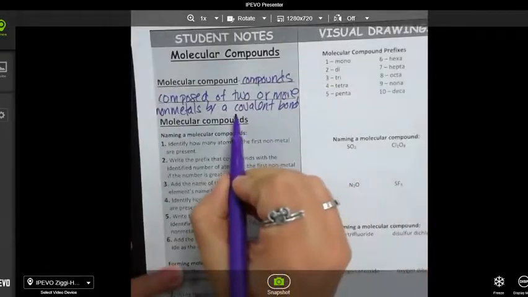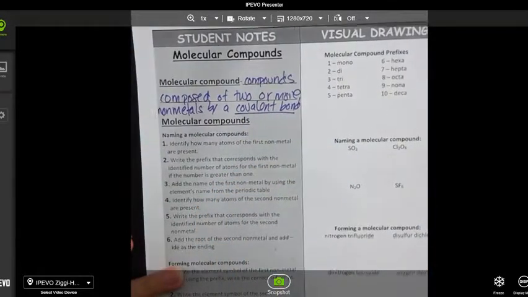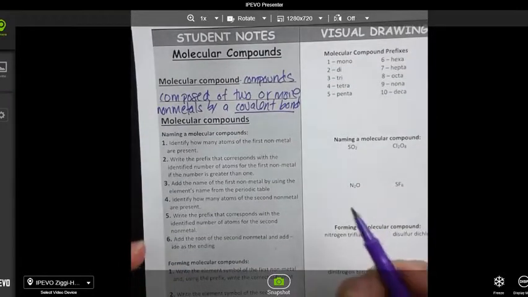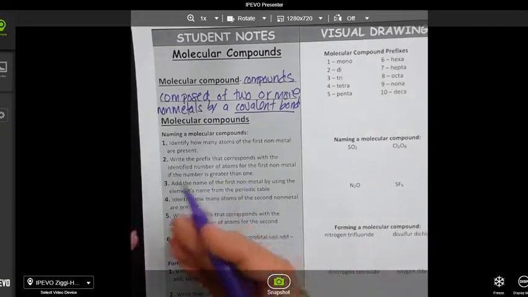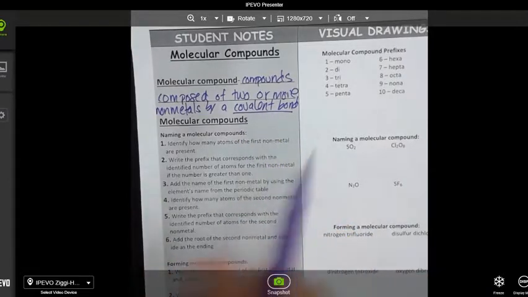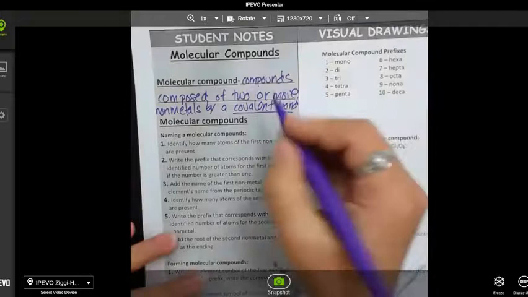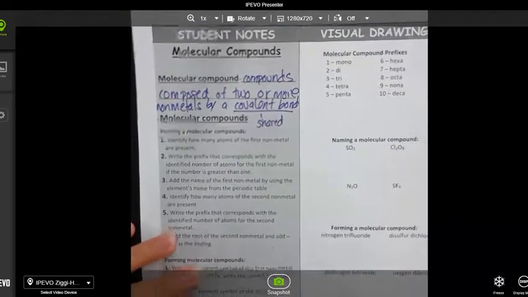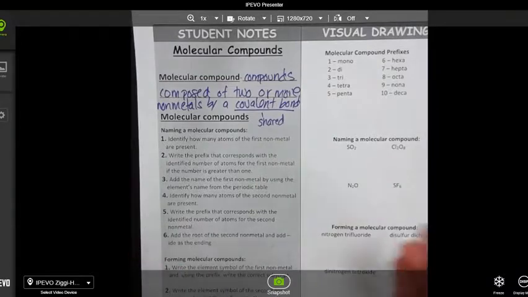Well, we are now dealing with a covalent bond, and a covalent bond does not deal with charges. What's happening in a covalent bond is that the electrons are going to be shared. We're going to delve into this a little bit more next unit.